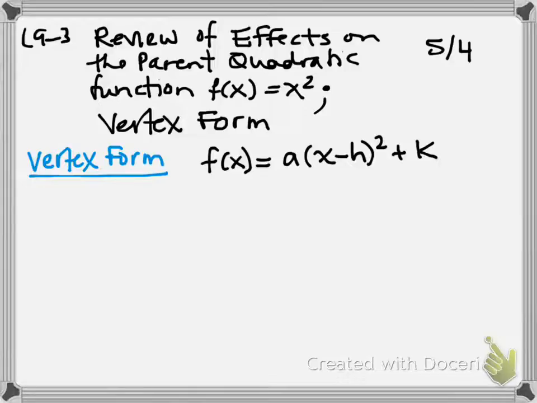So what's interesting about the vertex form, not only can I tell what's happening to my parabola compared to the basic f of x equals x squared, it also reveals the vertex, which is going to be your h value and your k value. Now remember, the sign on the h is not revealed.